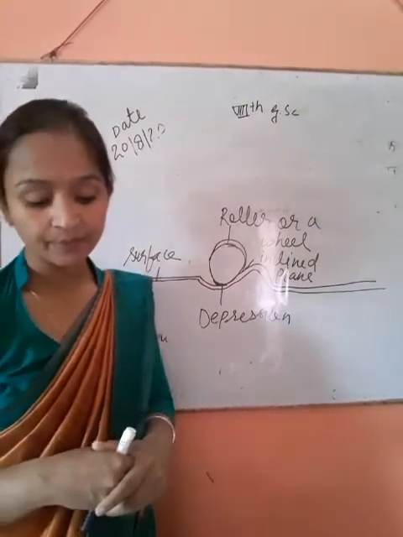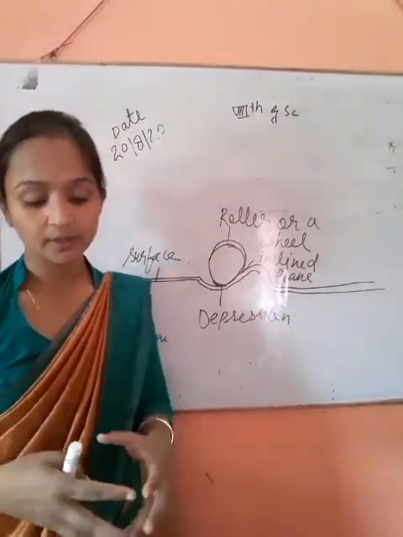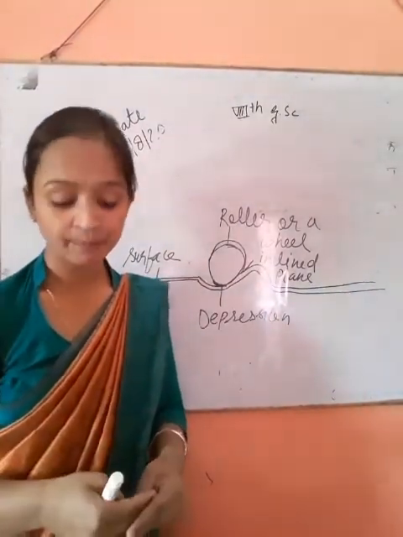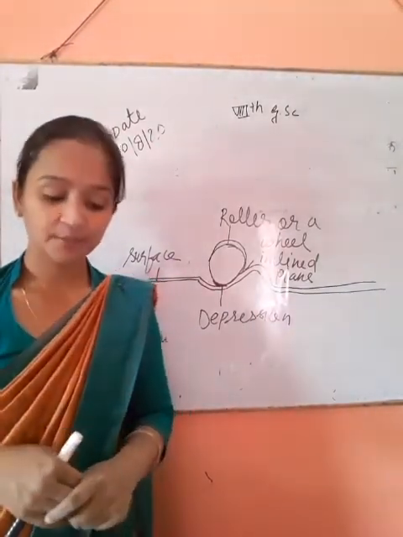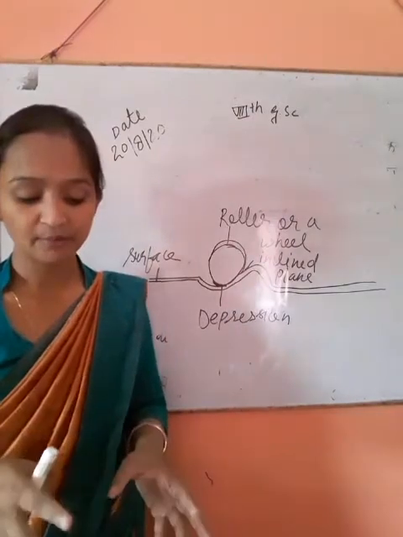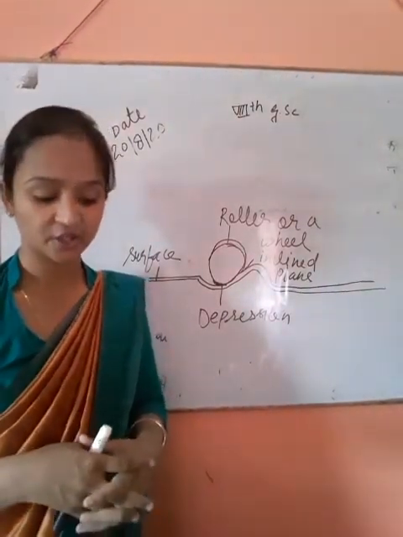This is why, whenever possible, sliding friction is replaced by rolling friction, and this is achieved by using wheels, ball bearings, roller bearings, etc.